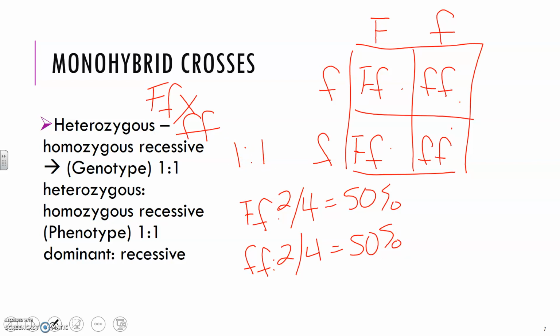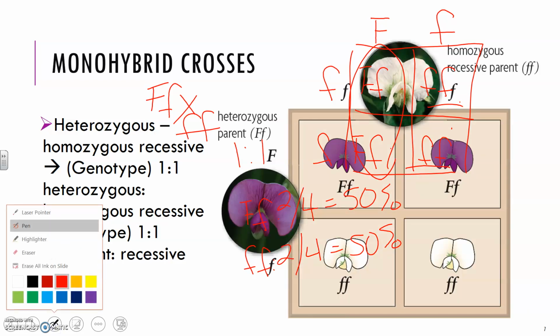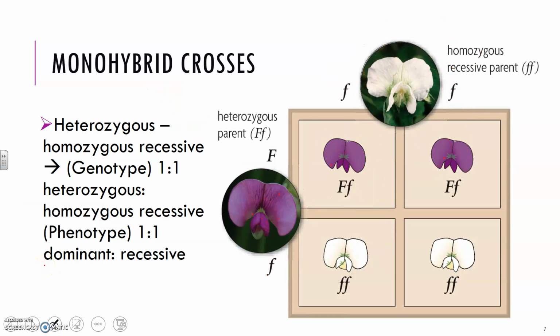And then if you look at the phenotype, both of these will produce the dominant phenotype, and both of these will produce the recessive phenotype. So again, it's a one-to-one relationship there. We'll see that right here.